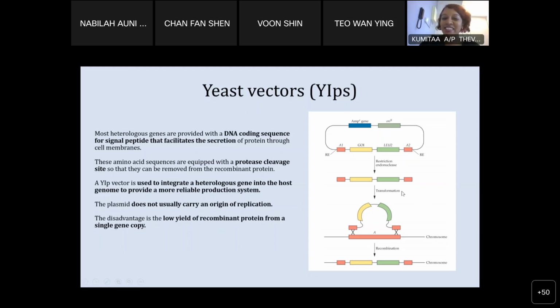So if you look at the image on the right, it's the diagram version of everything that I just explained earlier. And how the integration often works is usually whenever you hear anything related to integration, you often have homologous sequence, which actually enables homologous recombination to occur, which is what you see here, the red regions.